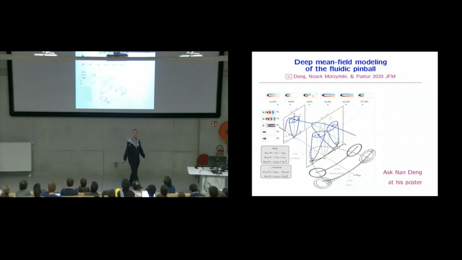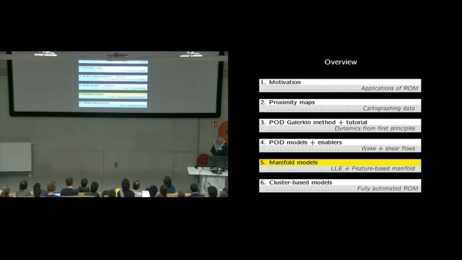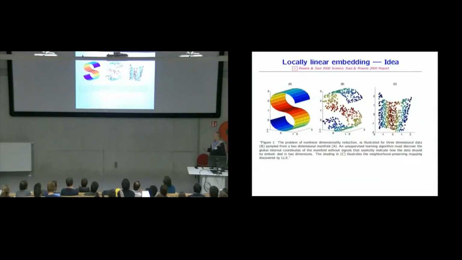And you see this is a type of model you cannot automate for a certain period of time, and you can ask him and go to his poster. Just a small disclaimer: when models become really beautiful, there is always some thought process behind it.